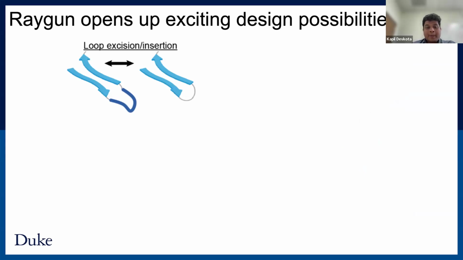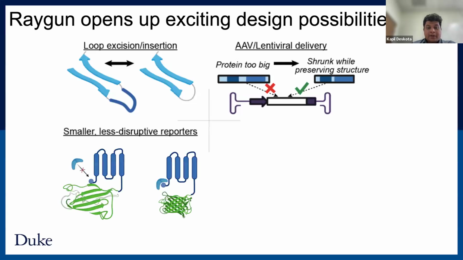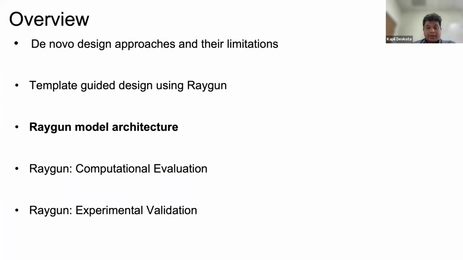We can use it to shrink big proteins so that they can be fitted inside standard delivery mechanisms like AAV. It can be used to make smaller sensors so that there is no interference with the actual reactions happening, making the sensors less disruptive. And finally, it can also be used to refine the function of a sequence.